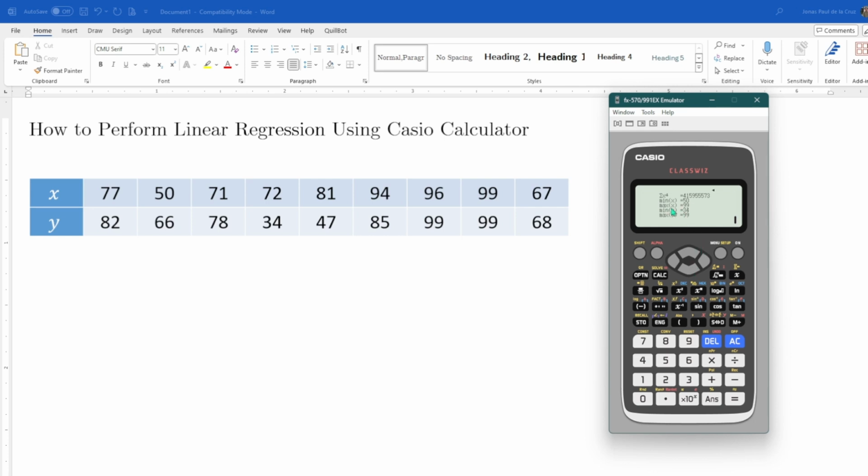Okay, we also have the mean and max for both x and y. Also, with your regression, you can actually look for the values of A, B, and R individually in here. Alright? So that's how you perform simple linear regression on your calculator. Thank you.